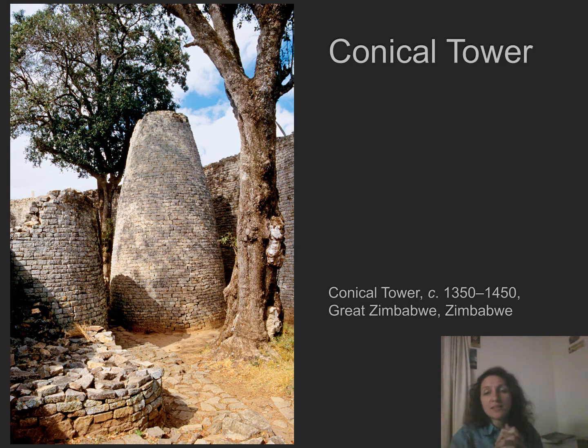So back to these conic towers. These objects have an unknown purpose, and there are many, many theories about what they could be used for. So let's break some of those theories down, and then we'll at least agree on something about these things' purpose. So there's a wall here, right? And we know that this is an area where there's a lot of trade, and thus there would be a lot of people coming and going, right?